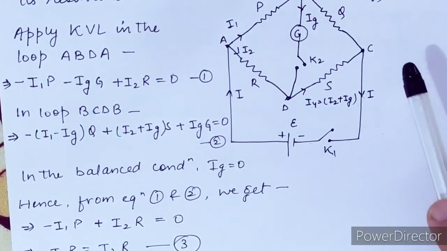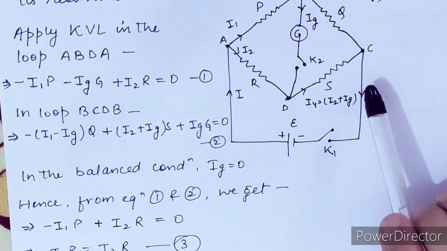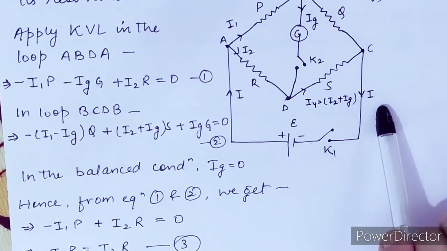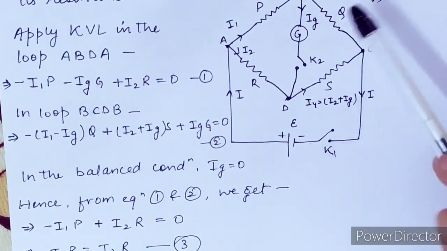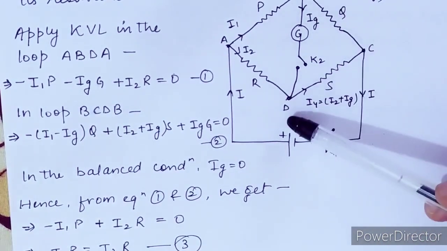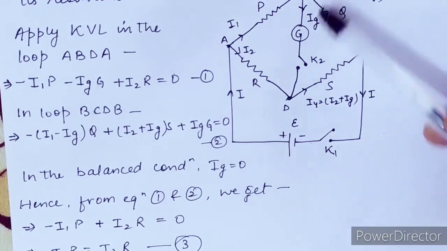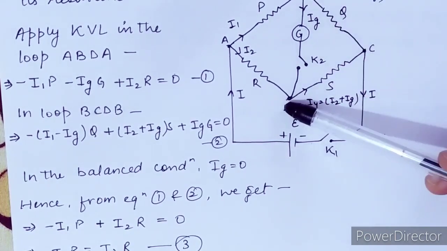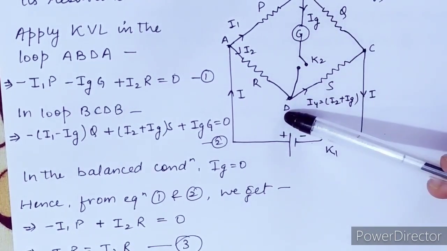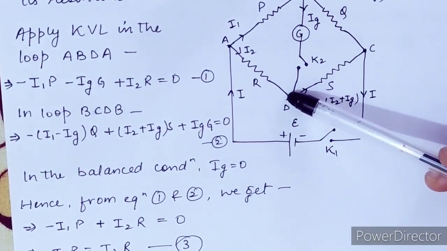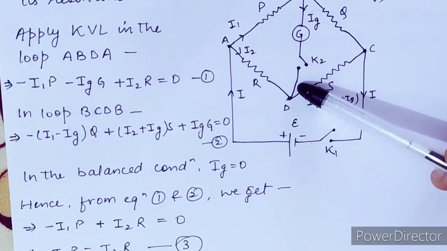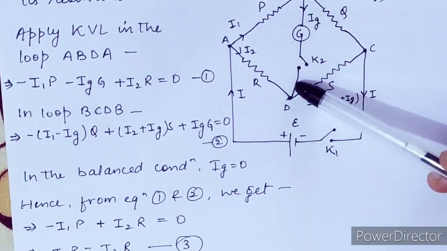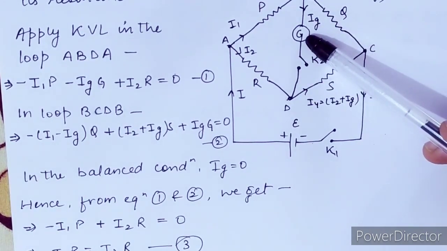That was the entire discussion we did yesterday, and we even calculated the balance condition. For that we imagined that the potentials at both points B and D, VB and VD, are equal to each other. If they are equal, then not even a single amount of current passes through this galvanometer arm, and the galvanometer shows no deflection.